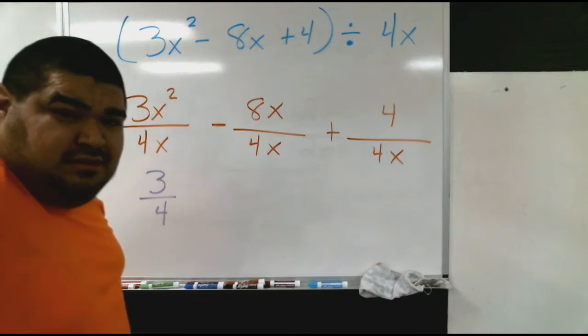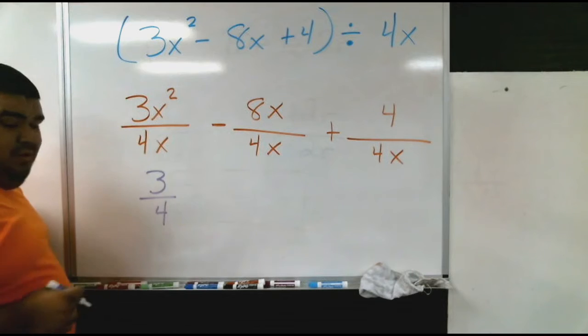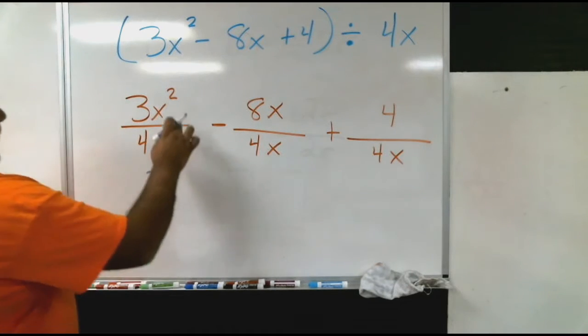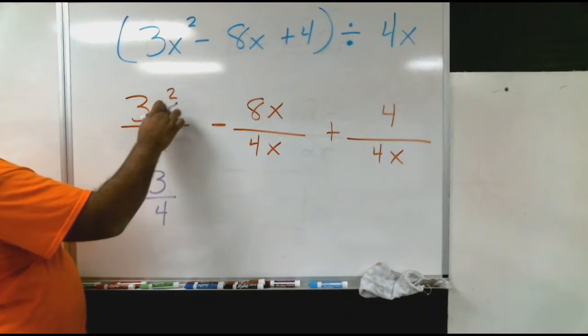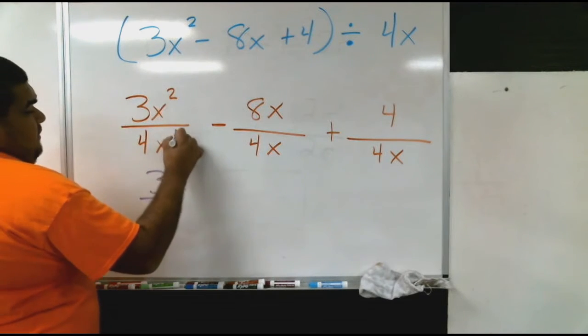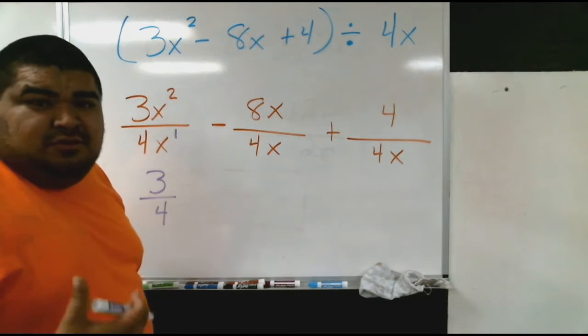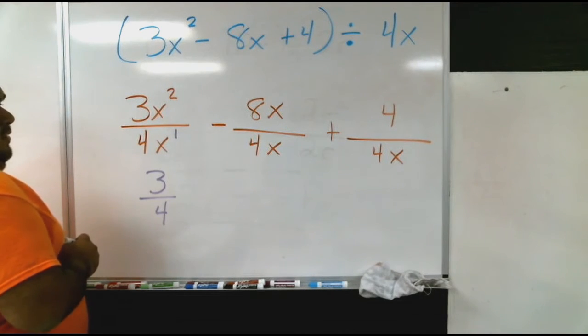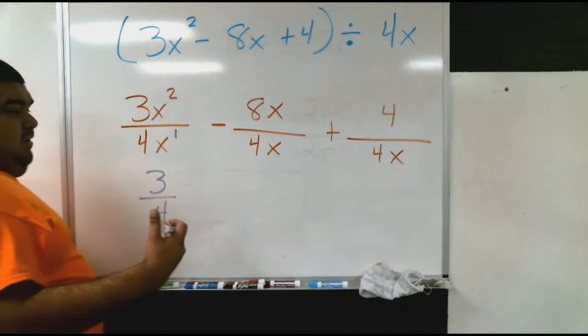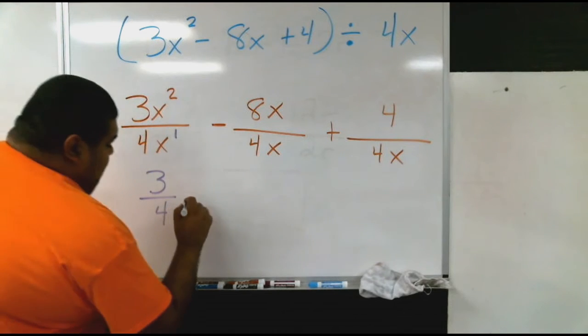Make sure you guys can see it. Yep, 3 over 4. Again, x's are still the same. Remember x squared, there's a 1 here because there's no number, so there's always a 1. So we have x squared minus x to the 1, which in this case 2 minus 1 is just 1, right? So 1x.